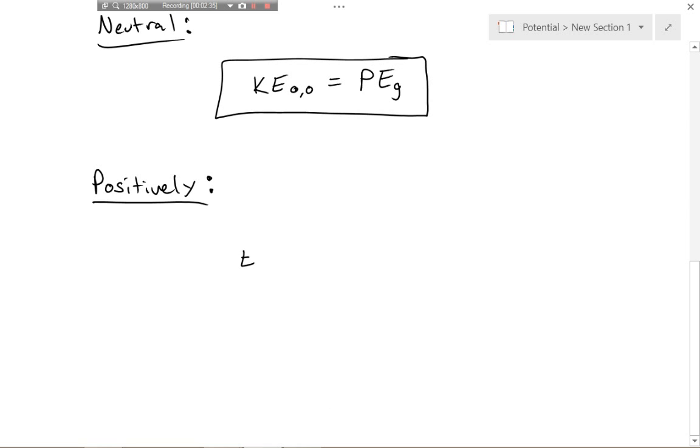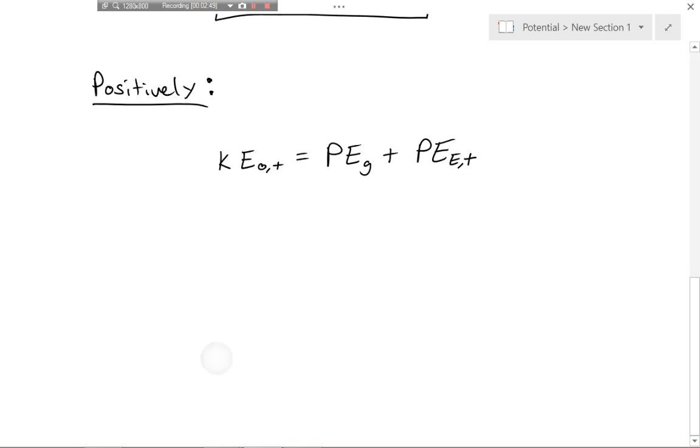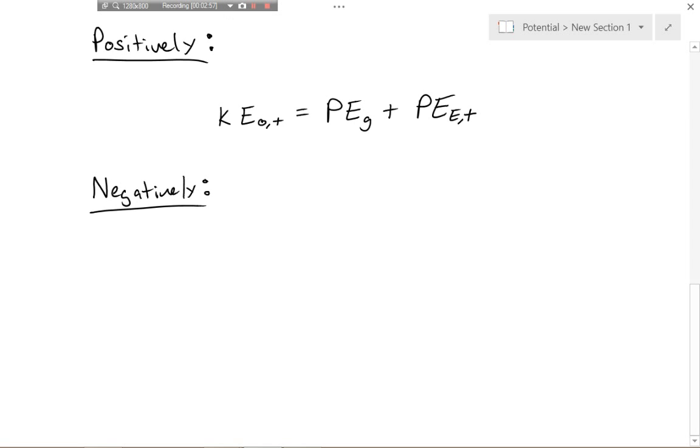The initial kinetic energy of the positively charged particle is going to be converted into gravitational potential energy and electrostatic potential energy. Finally, if we look at the negatively charged particle, we have a very similar formula. The initial kinetic energy of the negatively charged particle is going to be equal to the gravitational potential energy plus the electrostatic potential energy of the negatively charged particle.